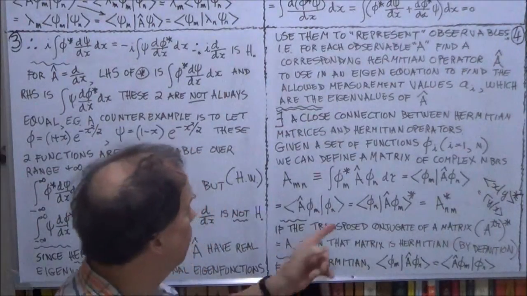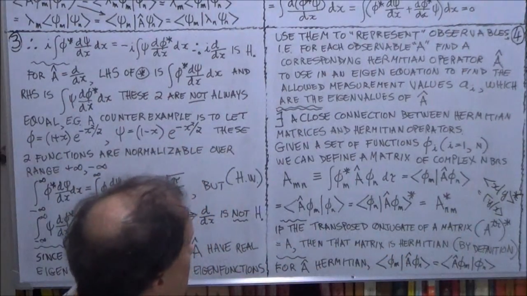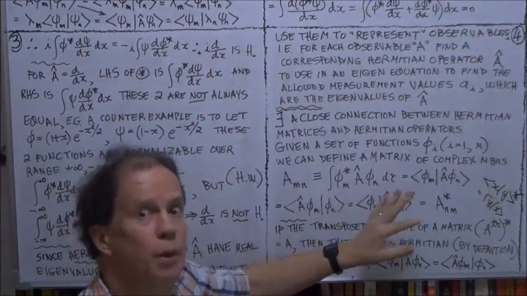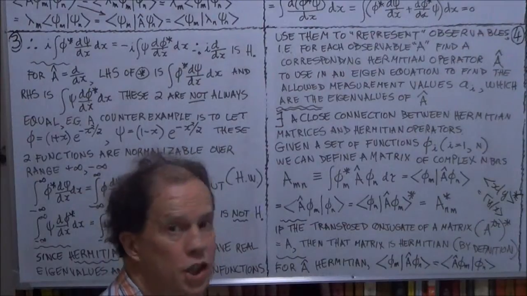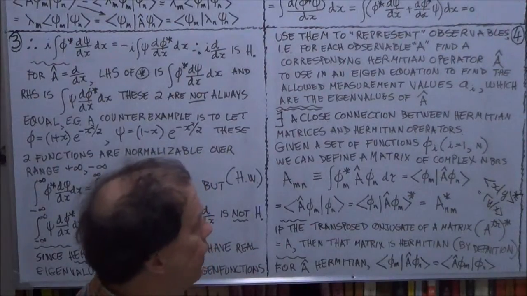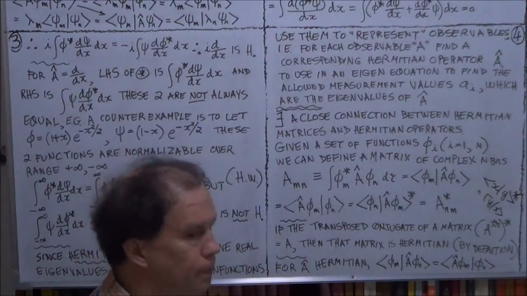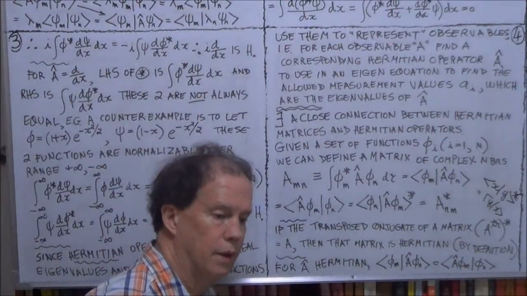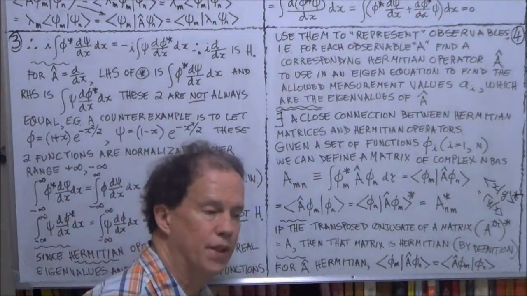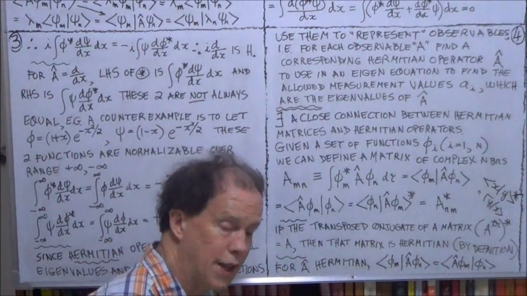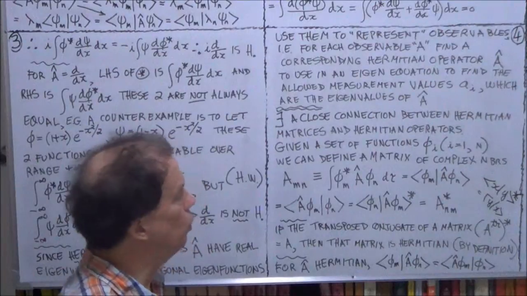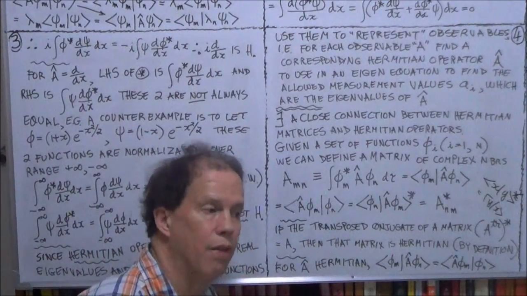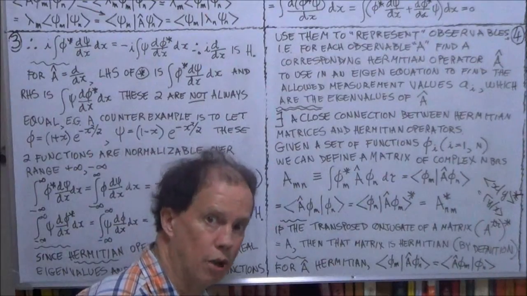Now, why are we talking about this? Because it's a kind of lead-in, a stepping stone for the next chapter. When we come to deal with angular momentum and spin, it's actually more convenient to work with Hermitian matrices than with Hermitian operators.